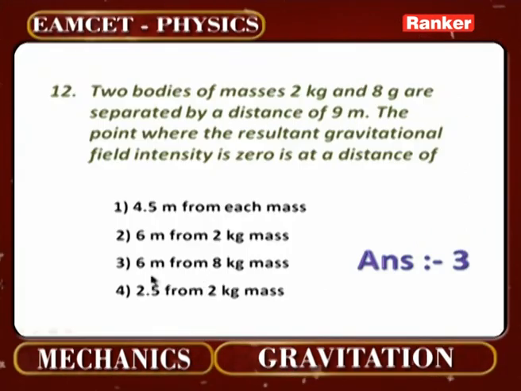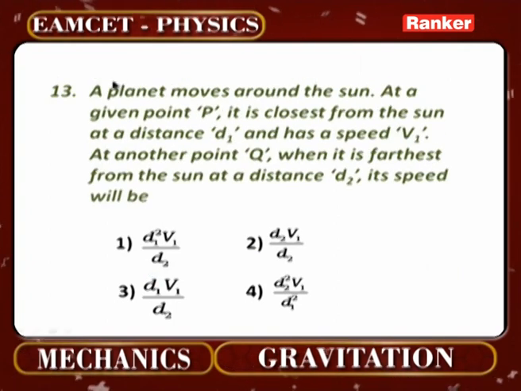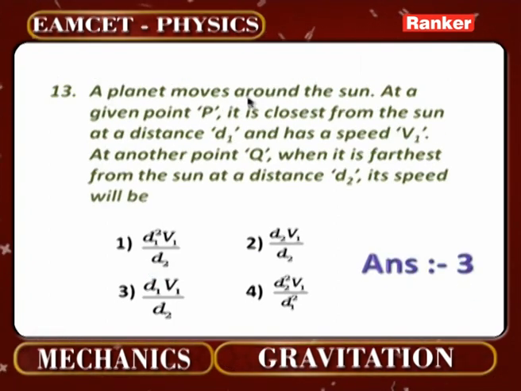Now look at the next question please. Problem number 13. A planet moves around the sun. At a given point P it is closest to the sun at a distance d1 and has a speed v1. At another point Q, when it is farthest from the sun at a distance d2, its speed will be.